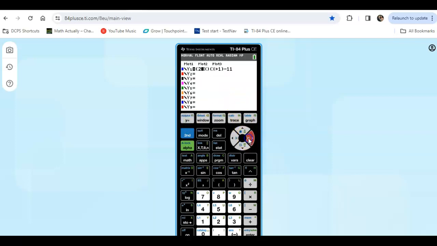So let's see what happens if I were to take away this minus 11 here, and instead put 11 here, and see where the line crosses. I graph it, and actually we need to be able to see at least 11, so in the window we'll make our y max 12.